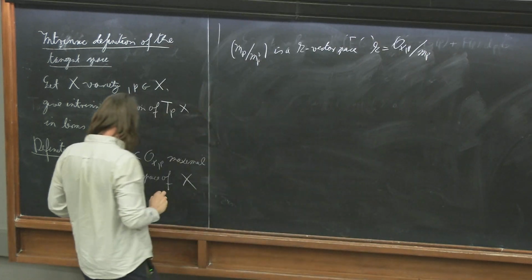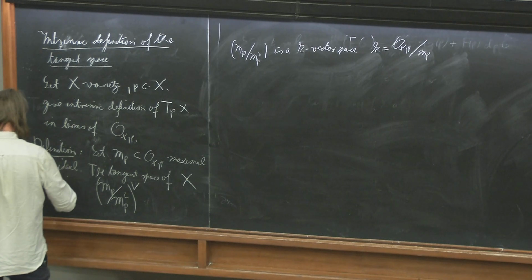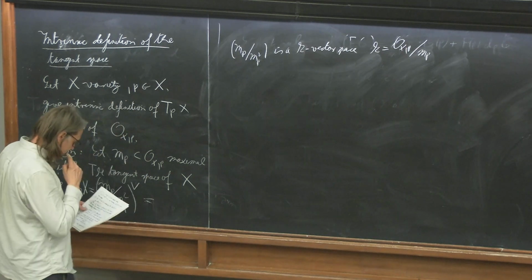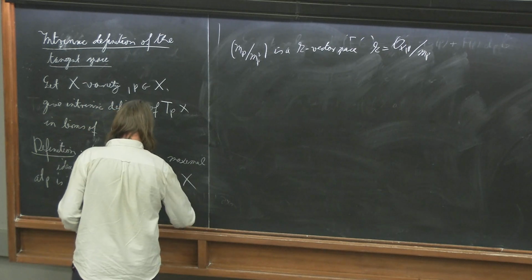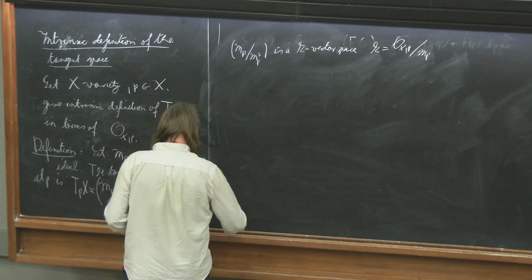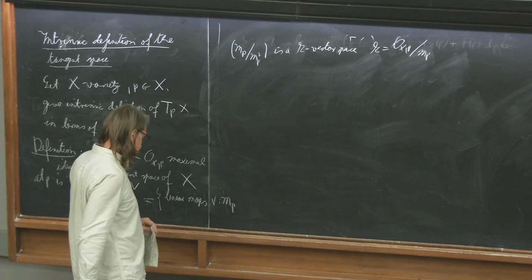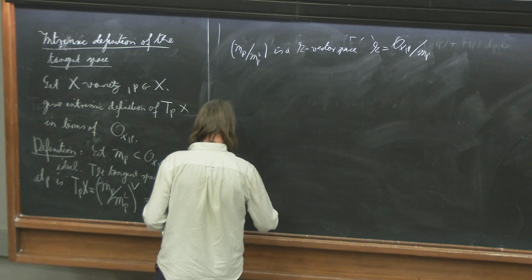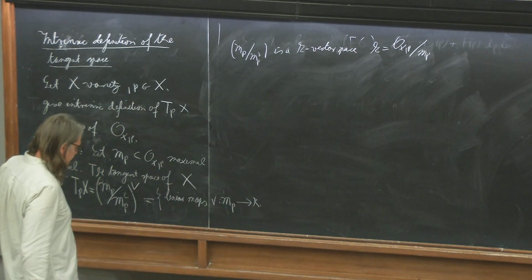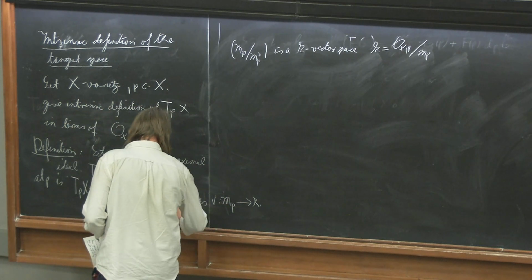And I take the dual vector space, so T_P X equals this, which, to make it more explicit, I could also say is the set of linear maps from the maximal ideal to K which vanish on M_P squared.